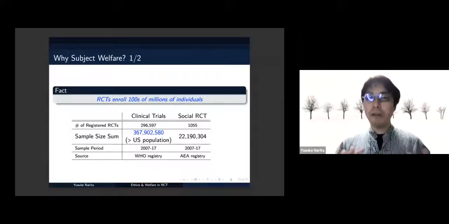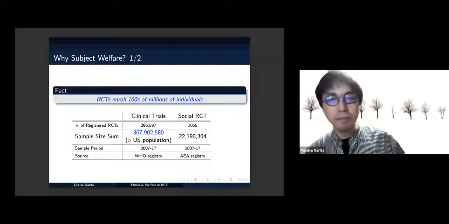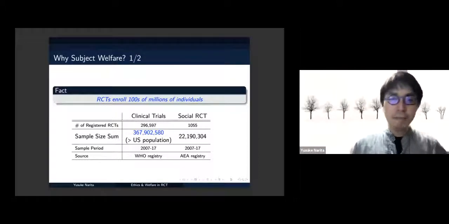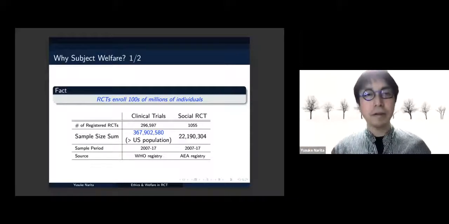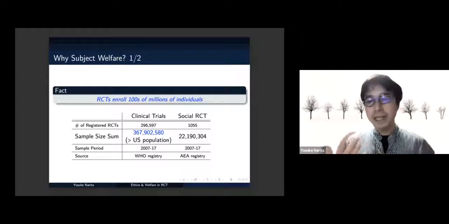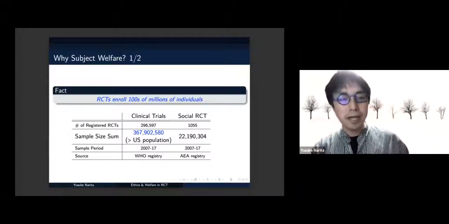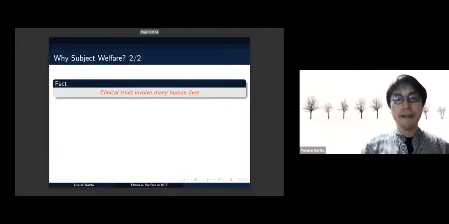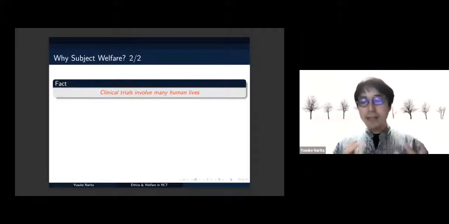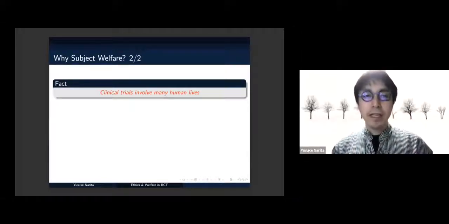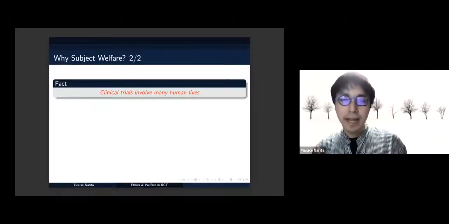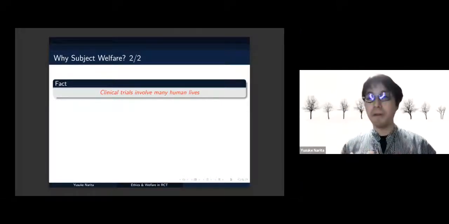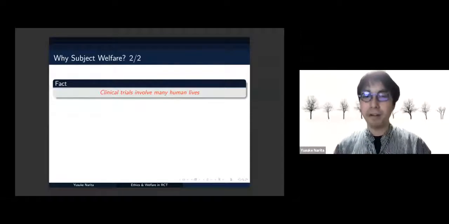So it's probably fair to say that hundreds of millions of individuals, and maybe billions of individuals if we include online A/B tests conducted by web companies and tech companies, are participating in RCTs in recent years. For that subject population, many of these RCTs create very high-stakes resource allocations. This high-stakes nature is kind of obvious in the case of many medical clinical trials, right?